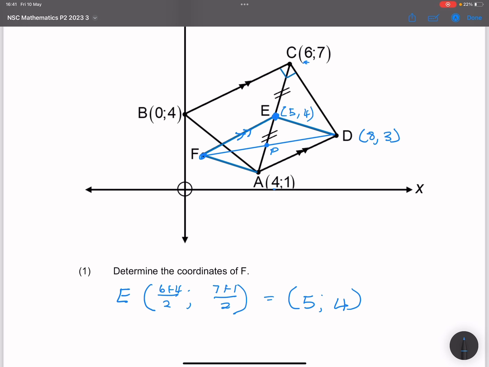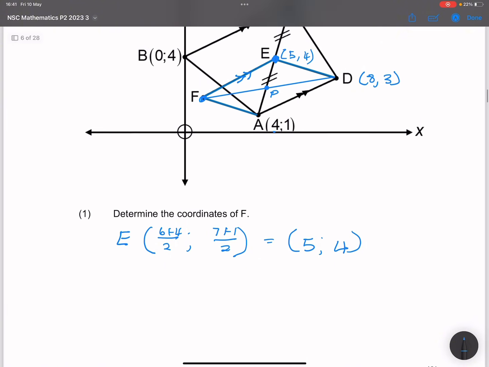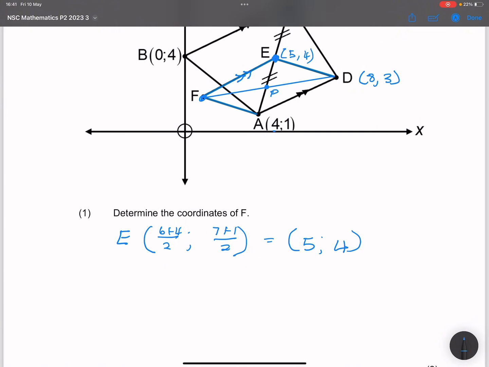So let's look for that midpoint P of the line EA. We're going to do the same thing. So I'm going to say (5 + 4) divided by 2, and what about the y value?